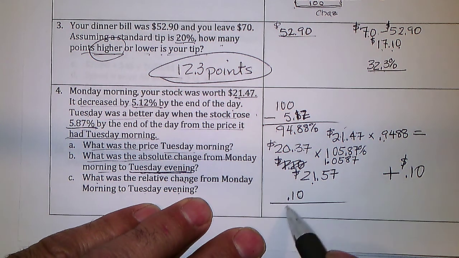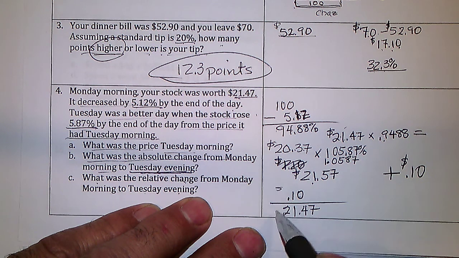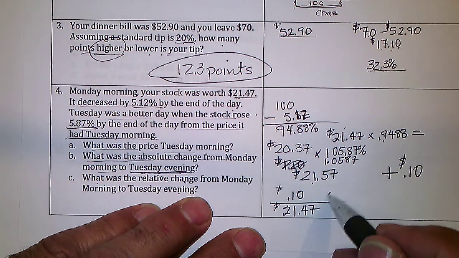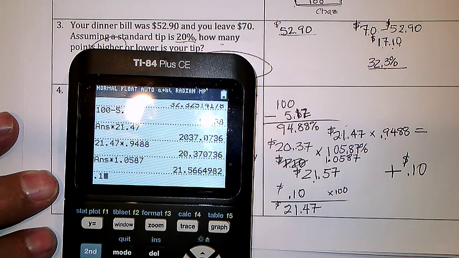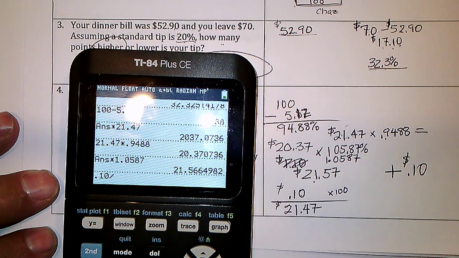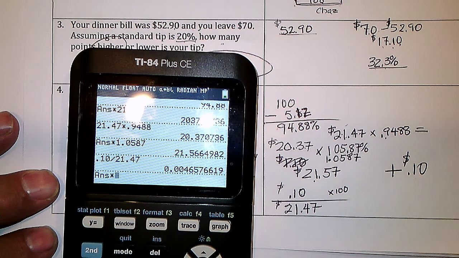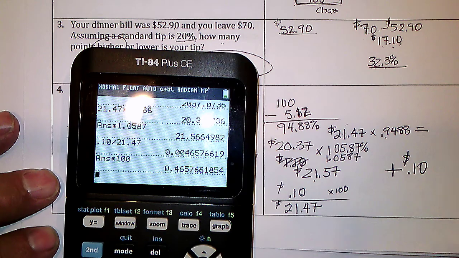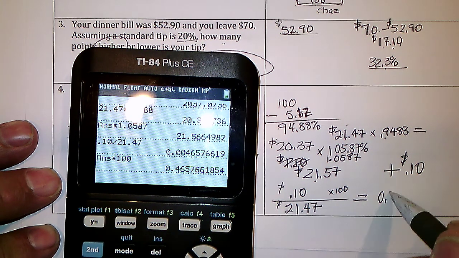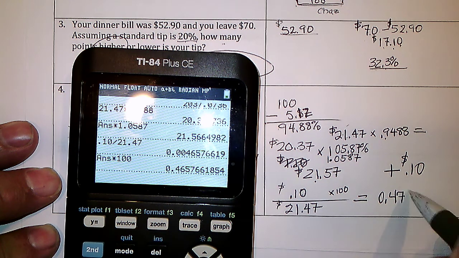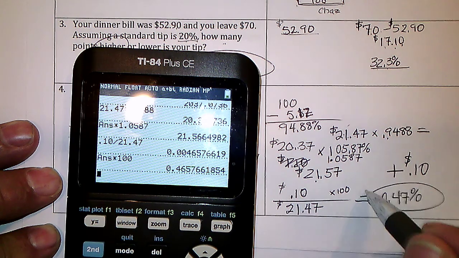Starting amount was 21.47. These are both dollars, so they cancel. Then we take it times 100 to make it percent, and we get 0.10 divided by 21.47 times 100, and we get the relative change of 0.47 or so percent. That's approximately there.